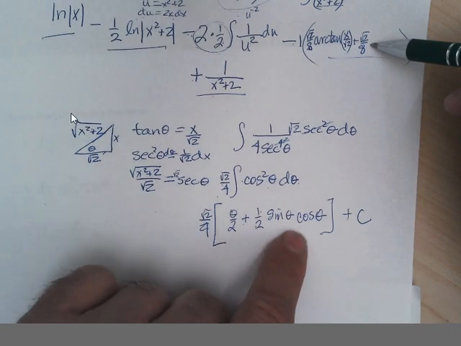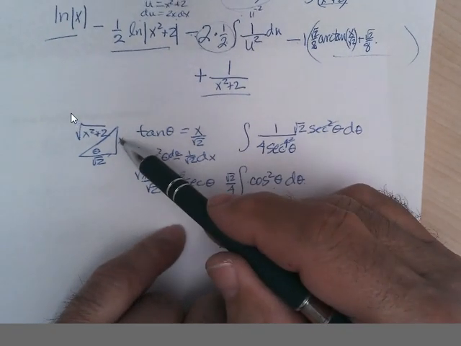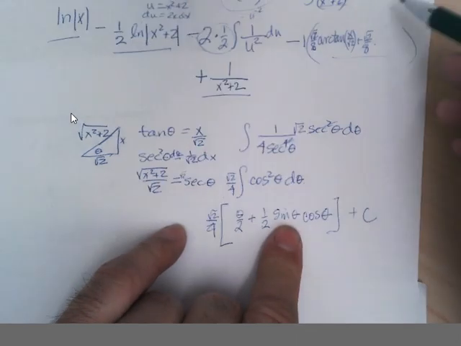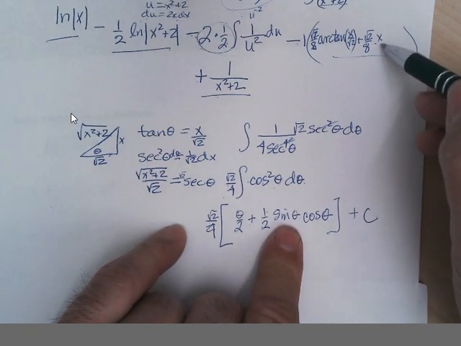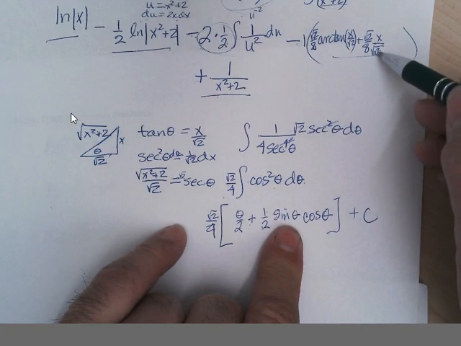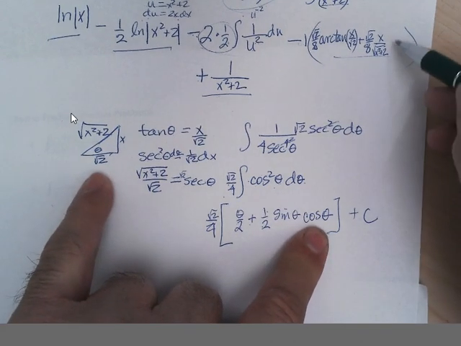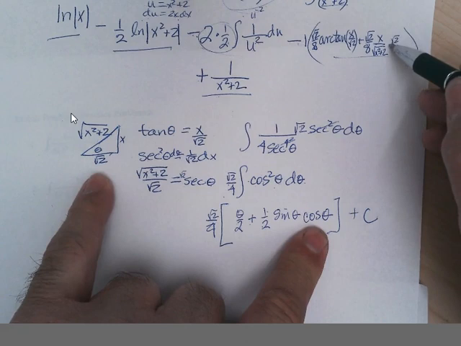Okay, take it times that, and the sine of theta, the sine is x over that square root, and the cosine is the square root of 2 over that square root.